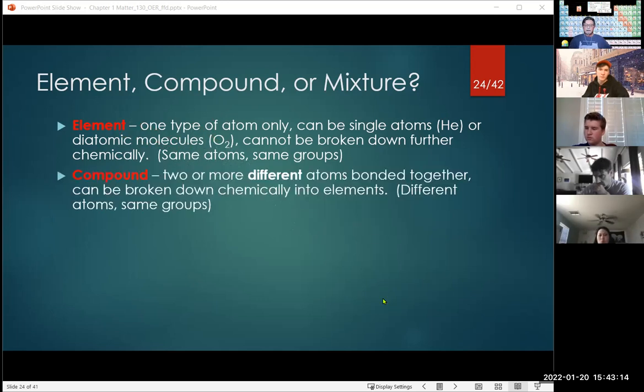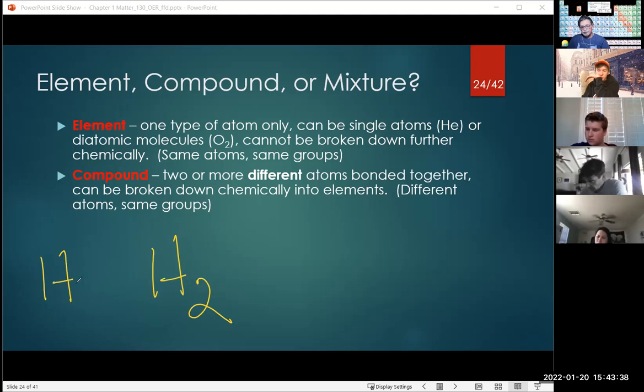Now, compounds: when you get two or more different elements, different atoms, and they bond together, you form a compound, okay? Earlier, we had a diatomic example, hydrogen gas, H2, or it could have been helium, He.